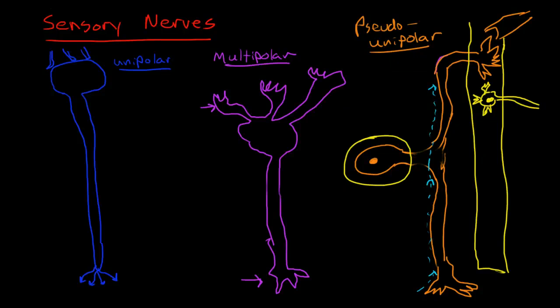Whereas in a multipolar neuron, it's set up to get information from multiple places, and the action potential has to pass through the soma before it makes its way down to the end of the axons. So this pseudounipolar neuron is set up very nicely for the sensory nervous system, where we have to have action potentials traveling very long distances, bypassing the soma and going right into the spinal cord.